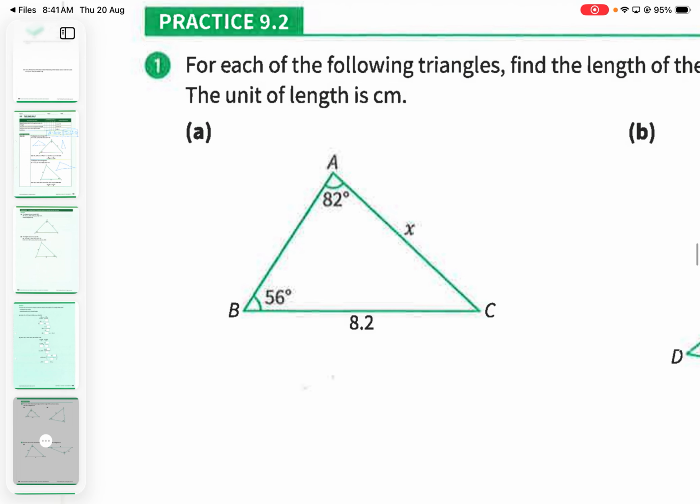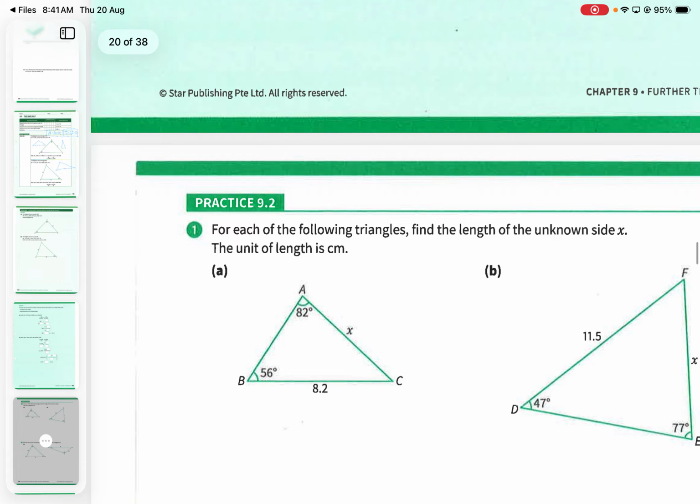Okay? When it comes to sine rule, we no longer need a right angle triangle. Just like your half ab sine C, it doesn't need to be a right angle triangle anymore. If I want to find area, last time I needed half base times height, but for that you must have a 90 degree angle.